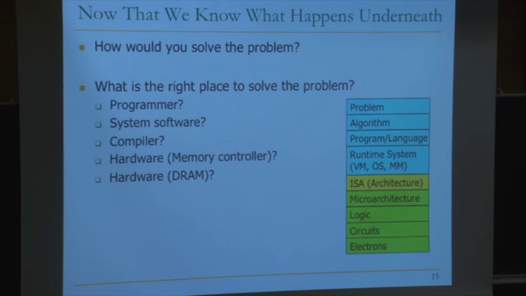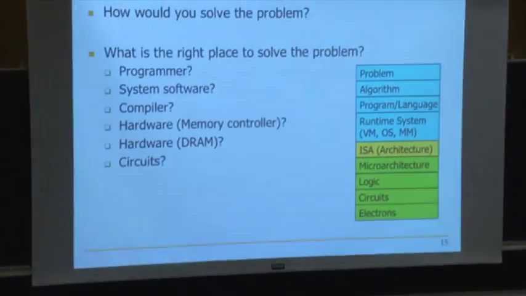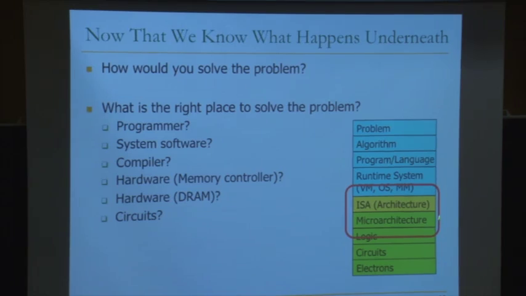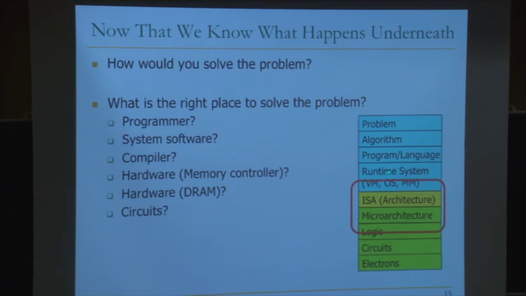Can you solve this problem in DRAM? Maybe not in its entirety, but maybe you can design a DRAM chip that is not as amenable to these kinds of denial of service attacks. I'd like you to think about it. Circuits, I don't know. I haven't put much thought into that. But we will look at solutions at this layer in this course.